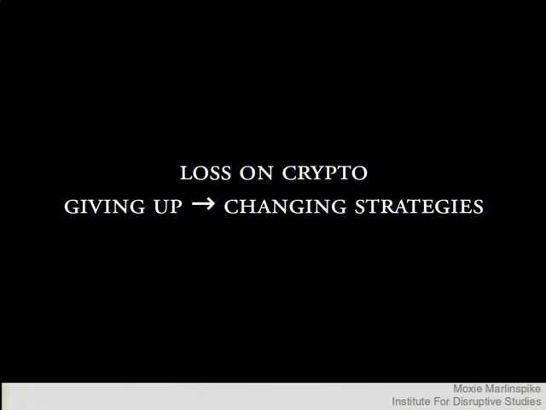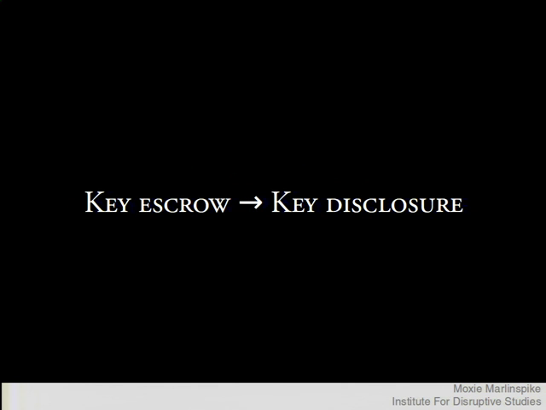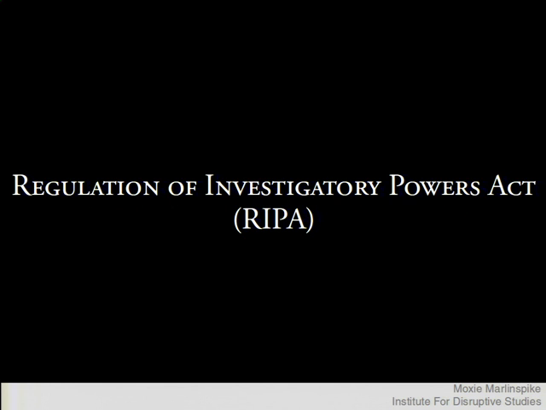The other thing I would say is that the loss of the crypto war was less about the eavesdroppers giving up and more about them changing strategies. A large shift that we've seen most recently is from this key escrow strategy to a strategy of key disclosure. You see things like RIPA in the UK and other parts of Europe, where the eavesdroppers' attitude is, we're not going to try and control cryptography.